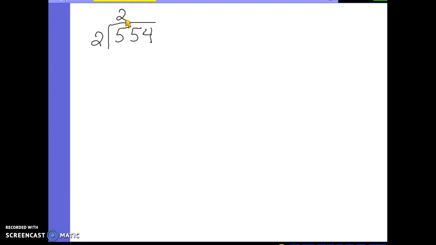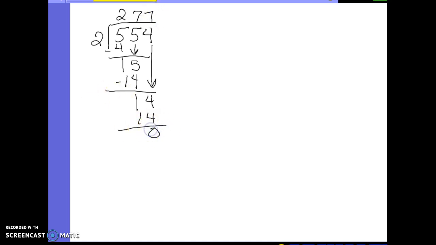Which is 2 times 2 is? 4. If I subtract, I get a 1. Bring down my 5. How many 2's in 15? 7. What is 2 times 7? 14. When I subtract, I'm going to get 1. Bring down my 4. How many 2's in 14? 7. Remainder 0.